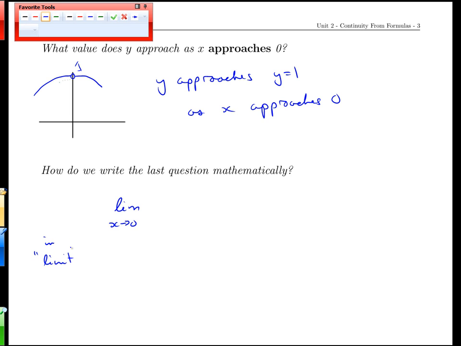Or, to make this a full sentence, it's better to say the limit as x approaches 0 of sine of x over x equals 1.